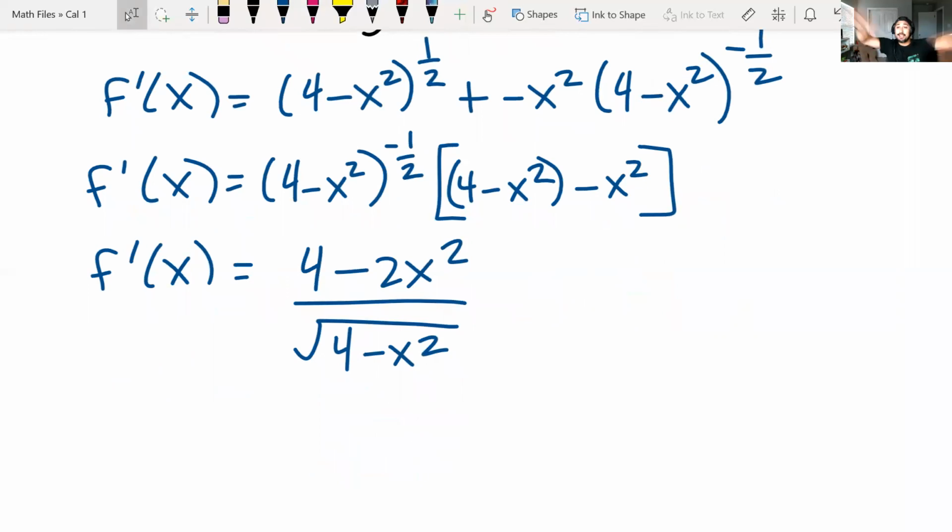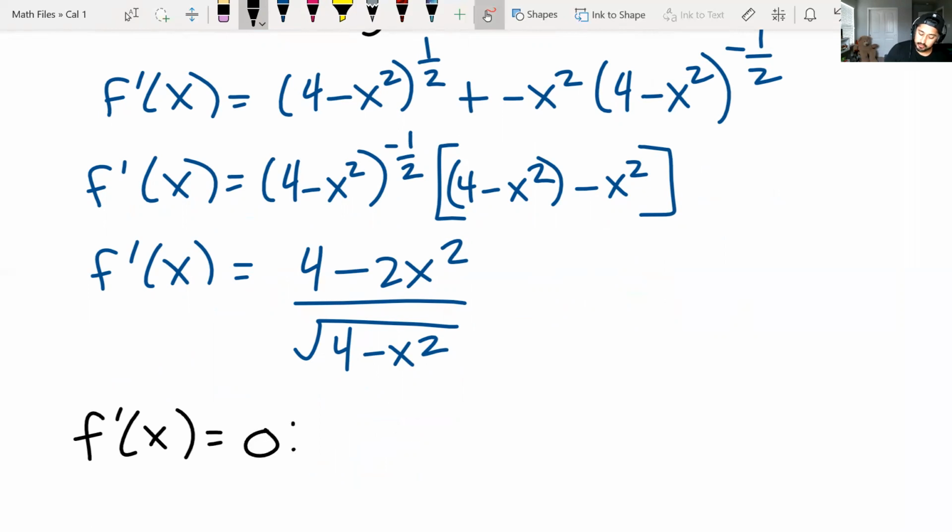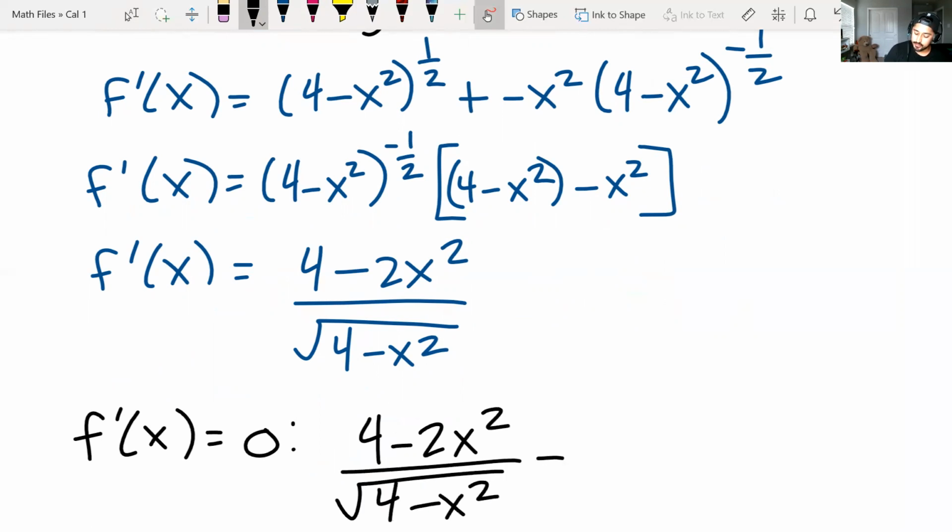Now, set it equal to 0. F prime of x equals 0. 4 minus 2x squared over the square root of 4 minus x squared equal to 0.